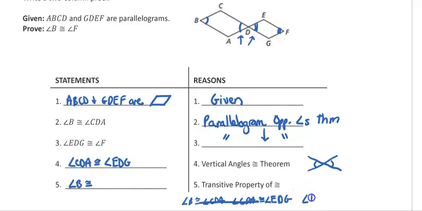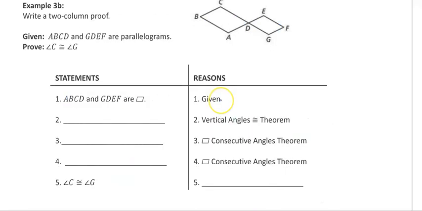Also, we know that EDG is congruent to F. So if this angle is congruent to this one, and this one's congruent to this one, and this one's congruent to F, then that means B is congruent to F. And that's the transitive property of congruence, and it also makes sense because we always end with what we're trying to prove.